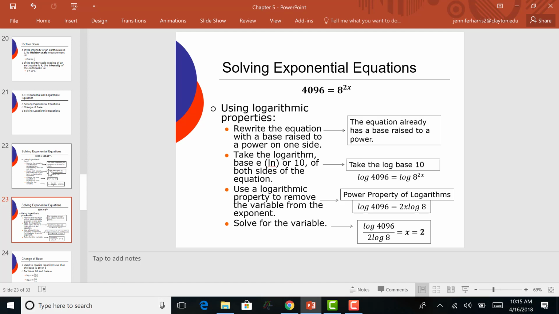If you don't have the button, here's how you have to type this in your calculator: log 4096 divided by log 8. That's what's on the next slide.